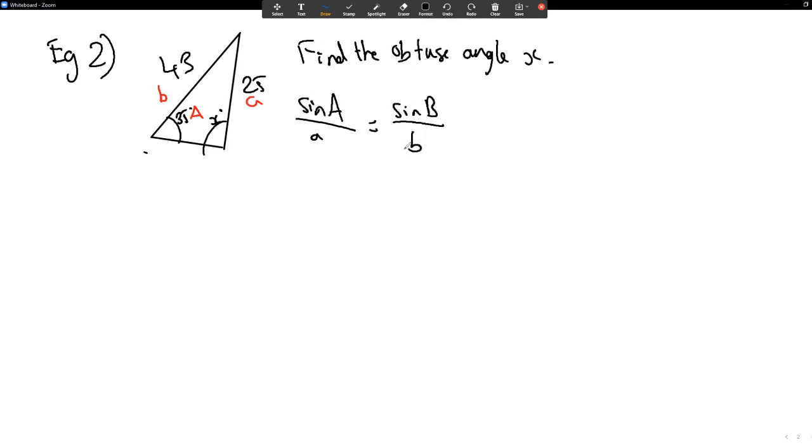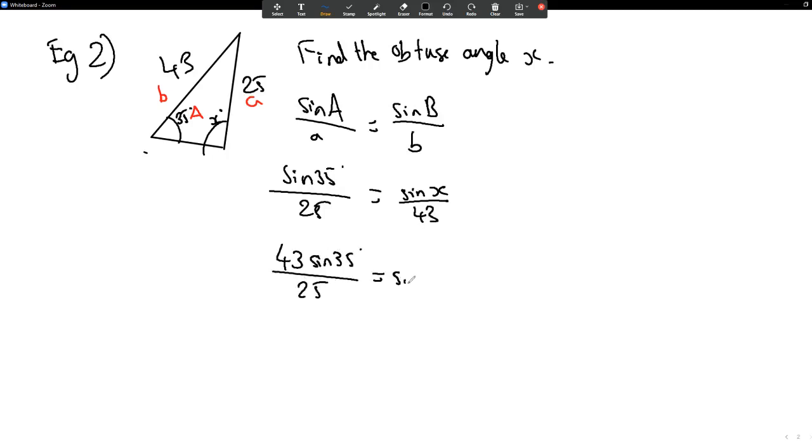What we can do is fill in our values, so we get sine 35 over 25 equals sine x over the side 43, sorry, because we don't know the angle. Now all we need to do is times through by 43, so we get 43 sine 35 over 25 equals sine x.